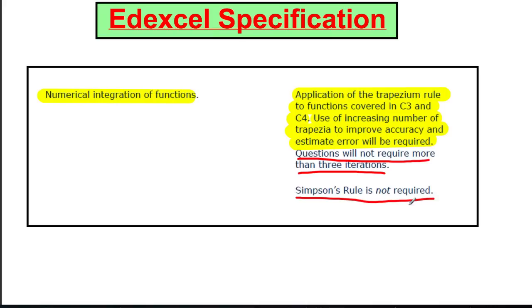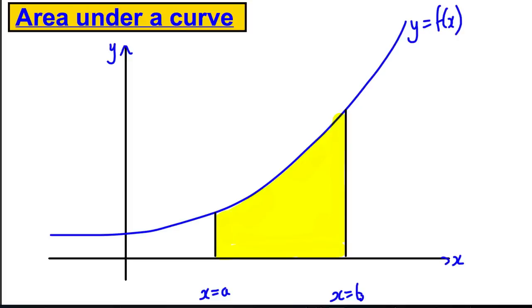Okay, let's talk about the big picture here and what this topic is all about. First of all, let's consider the area under a curve. Here we have a curve, y is equal to some function of x, and we want to work out the area between x is a and x is equal to b.